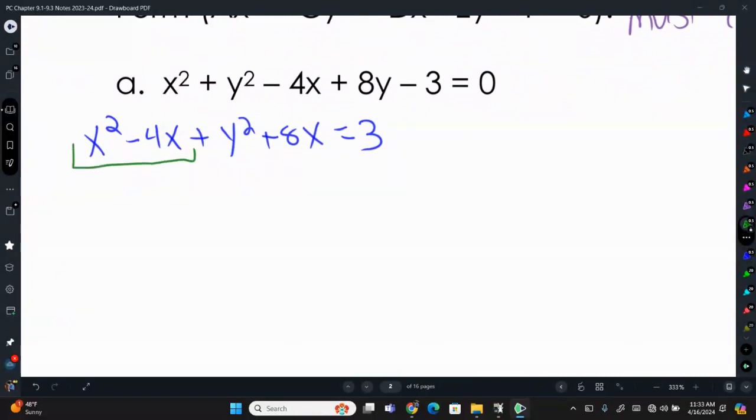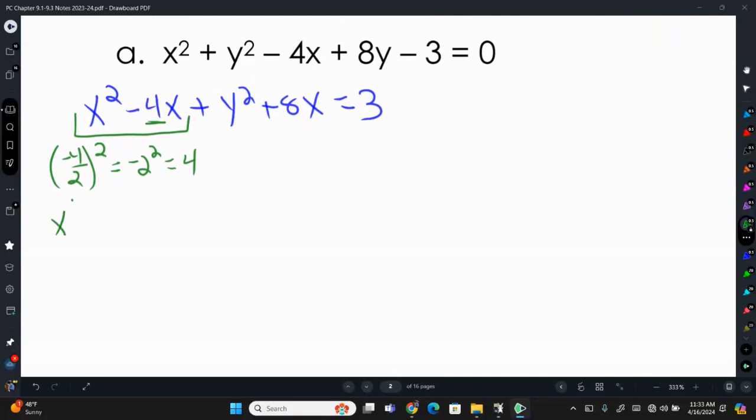So now I'm going to complete the square with both terms. So completing the square with x, we get x squared minus 4x. And remember, to complete the square, you take this b value and divide it by 2 and then square it. So this will be negative 2 squared, which is 4. So then I'm going to do x squared minus 4x plus 4, because this is what gets added. And then I'm going to do the same thing with y.